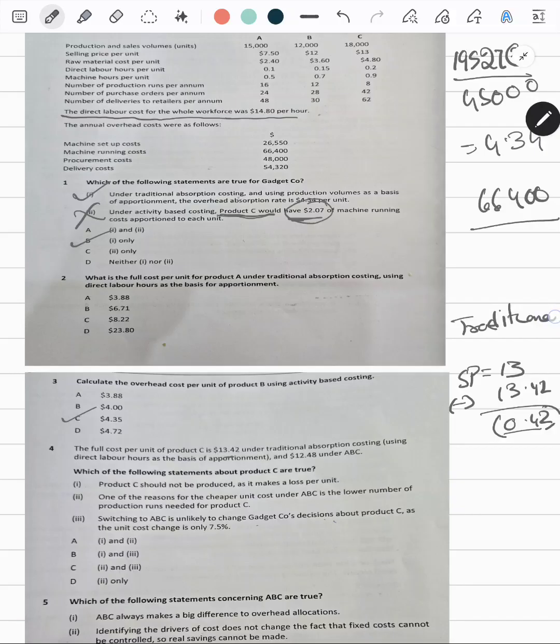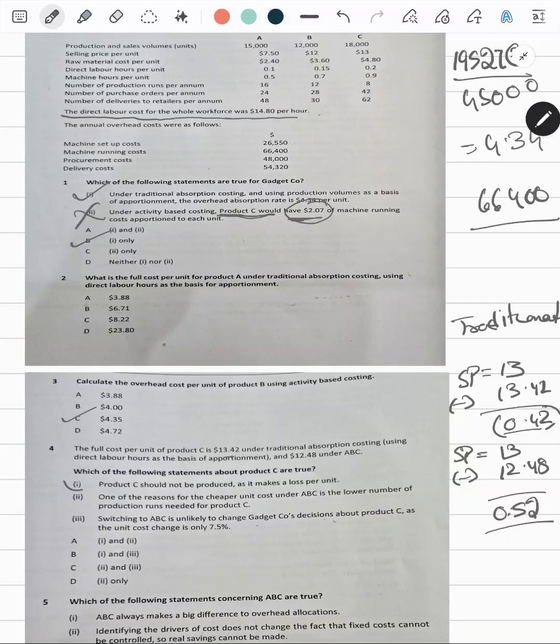Traditional, I'm writing over here as traditional. Now as per ABC, the selling price is 13, and as per ABC, the overhead absorption rate is 12.48. Over here, I'm not having any loss. So 13 minus 12.48 will give me 0.52. Now statement 1 says product C should not be produced as it makes a loss per unit.